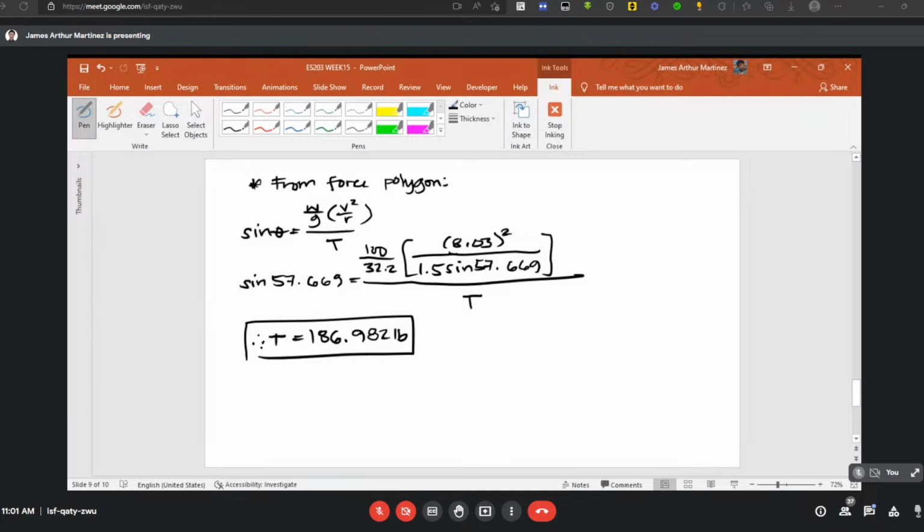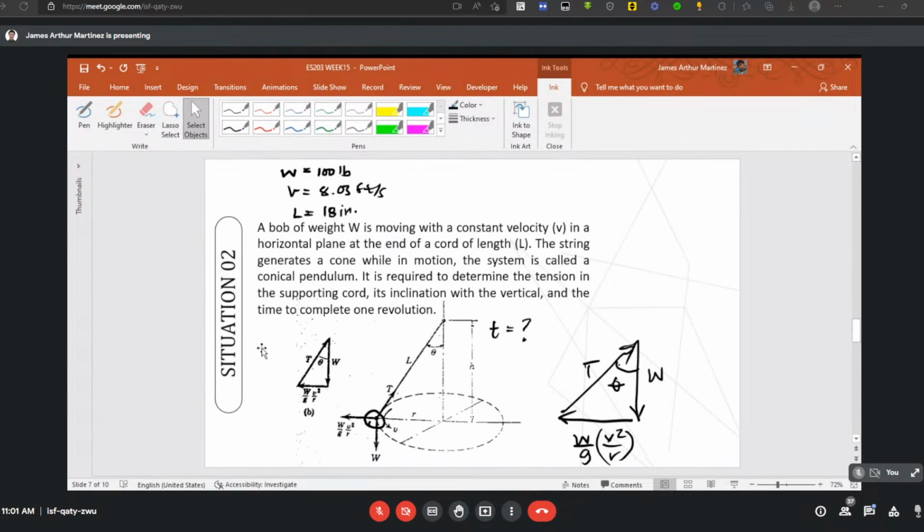By the way, class, we used the sine function here. But if you don't want to use the sine function, you can use cosine, since W is given. With the cosine function, cosine theta is equal to adjacent, which is W, divided by T, which makes for a much shorter solution.